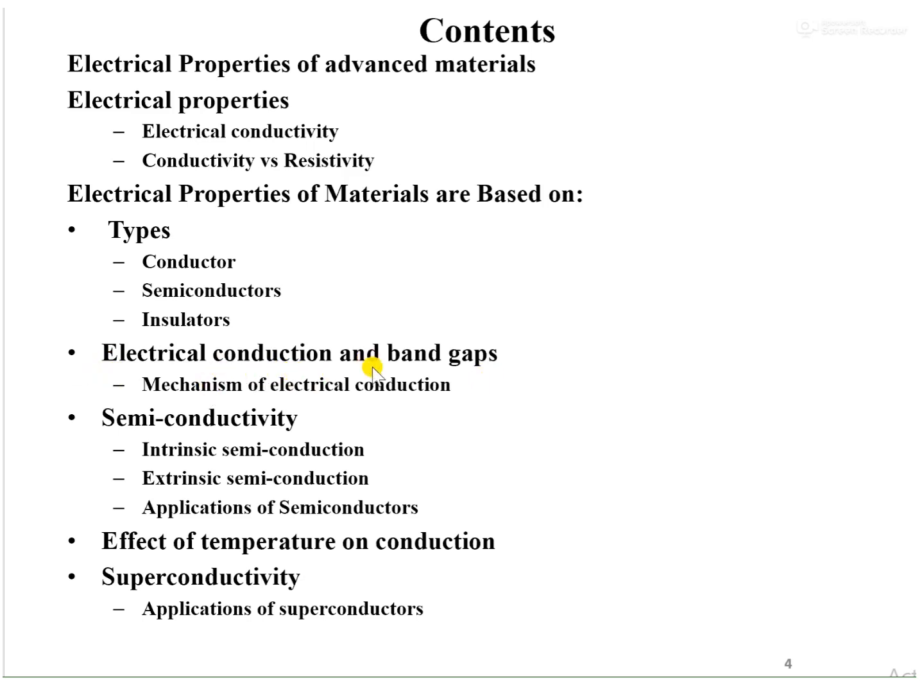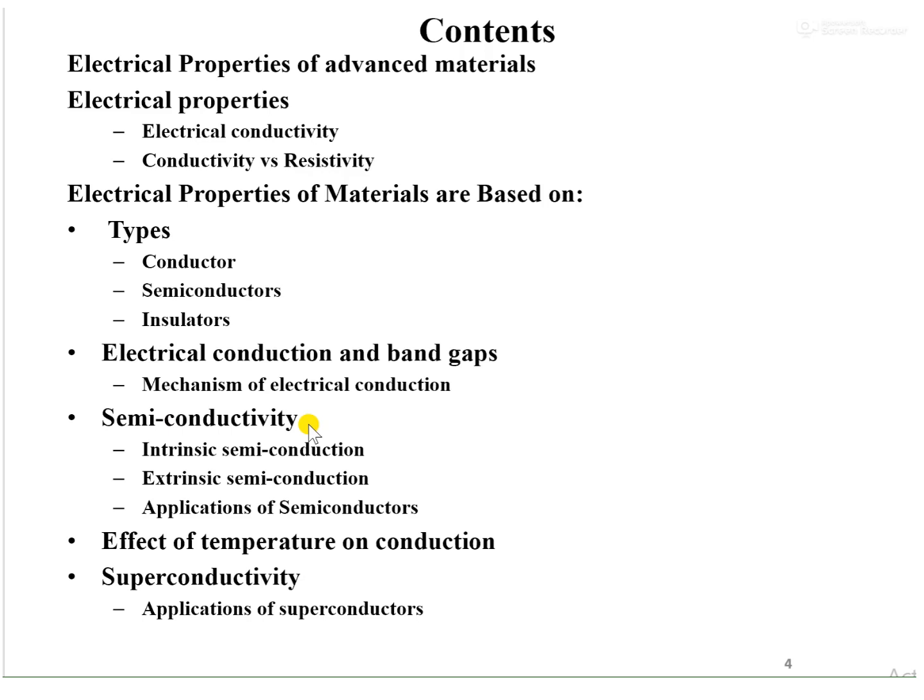In electrical conduction and band gaps, we will discuss types of band gaps and the mechanism of electrical conduction. Then we will discuss semiconductivity, and in semiconductivity we will discuss doping, and that may be intrinsic semiconductivity or extrinsic semiconductivity.